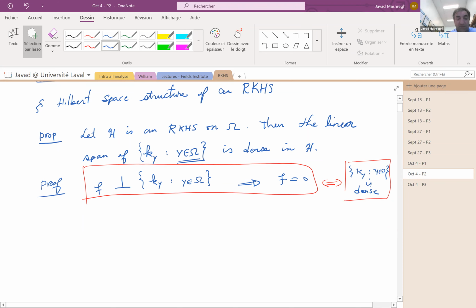Now, what does it mean that F is orthogonal to Ky? This means that the inner product of F and Ky equals 0. But from the structure that we developed, we know that this means that F at point y is equal to 0.